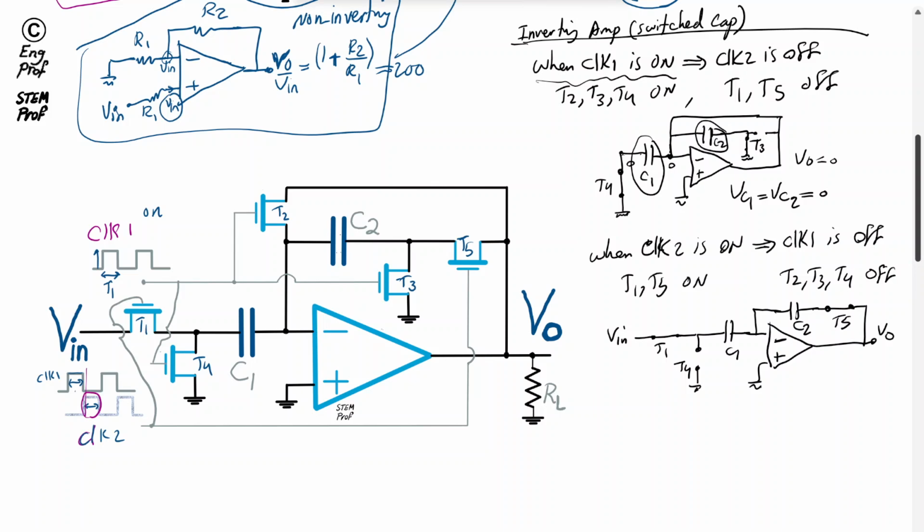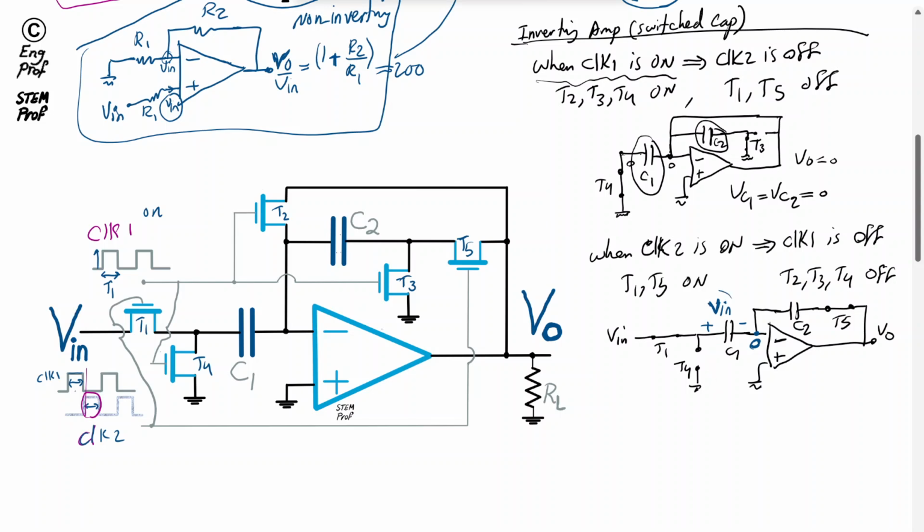From the initial state with zero charge across the caps, quickly the circuit should get to a state in which one side of both caps is at virtual ground, or 0 volts, and on the other side of C1 we end up with plus Vin, with this polarity.